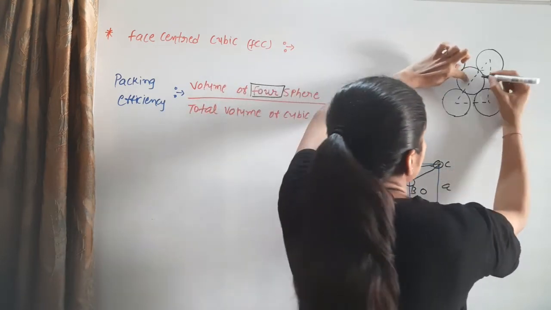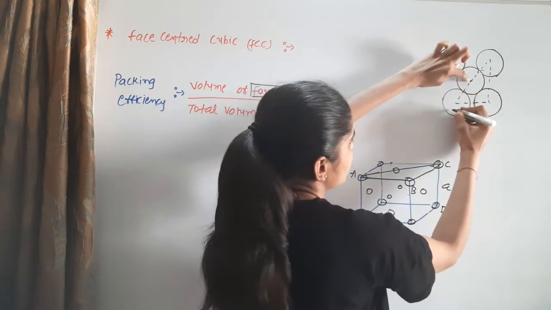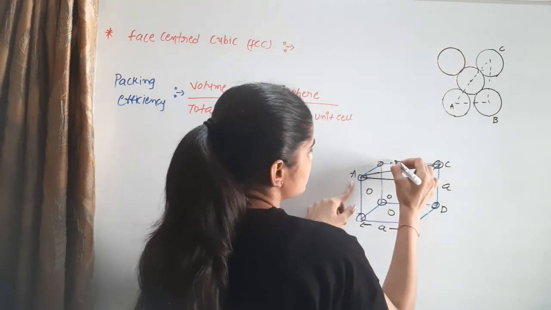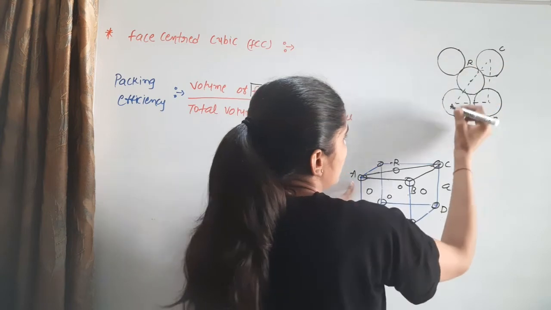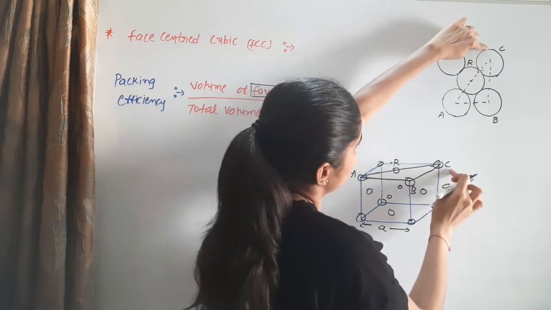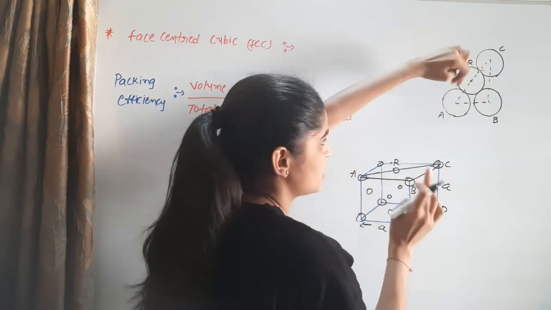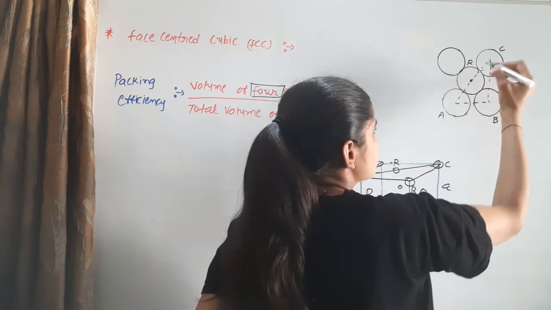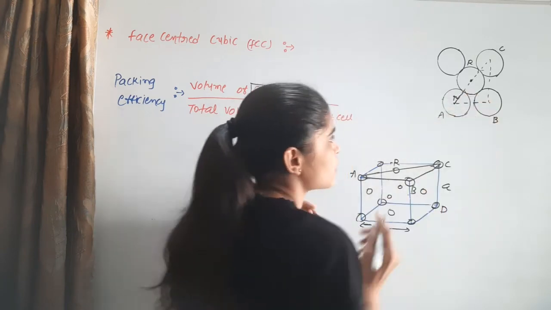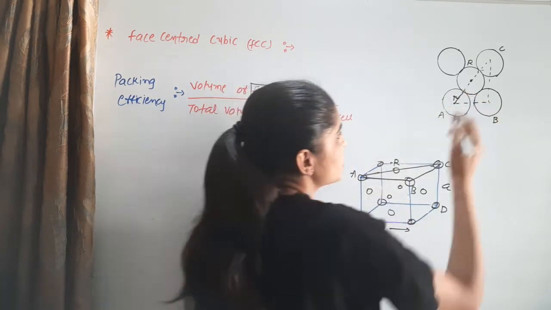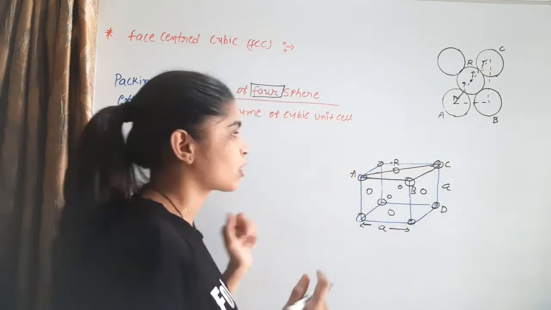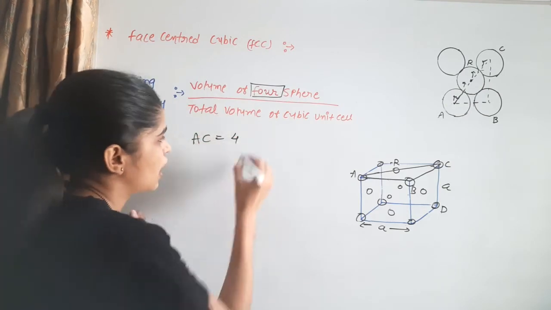In this triangle, we find out the edge length A. How to find out A? First, this distance is the radius R of the sphere. This is R, R and R. So AC distance is equal to 4R.